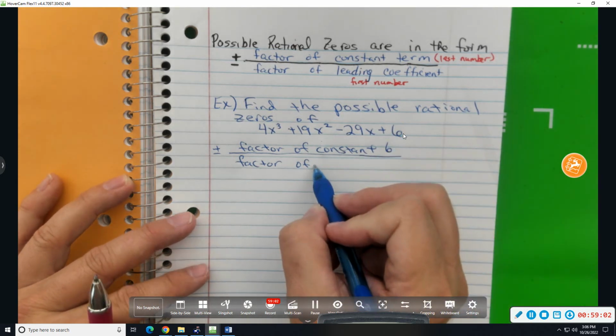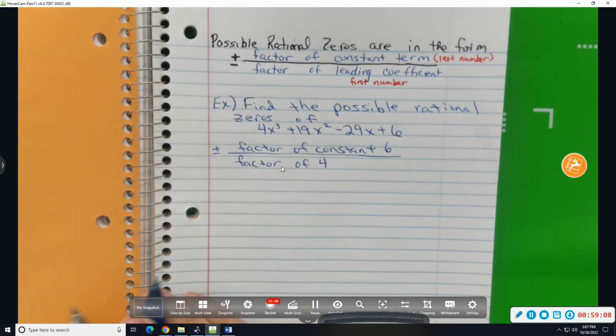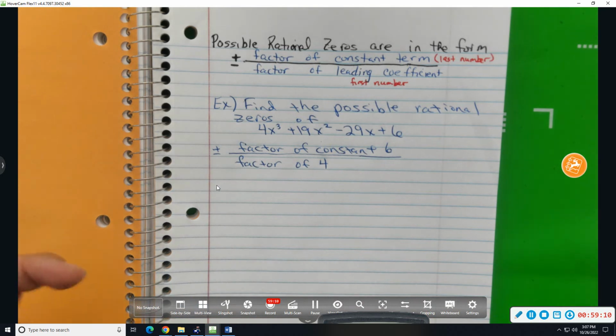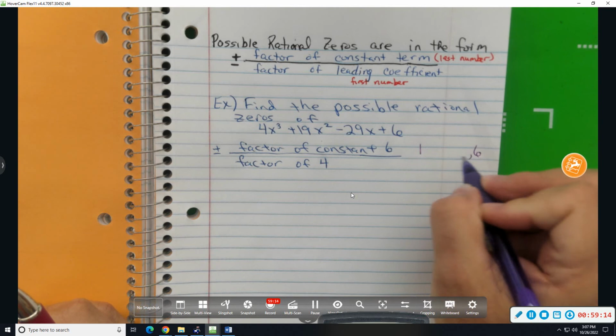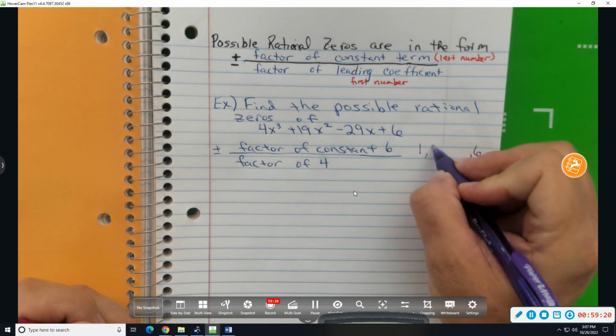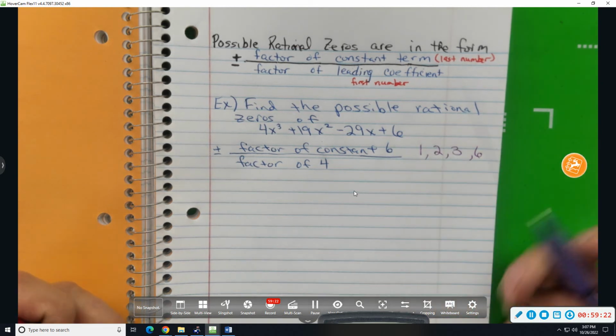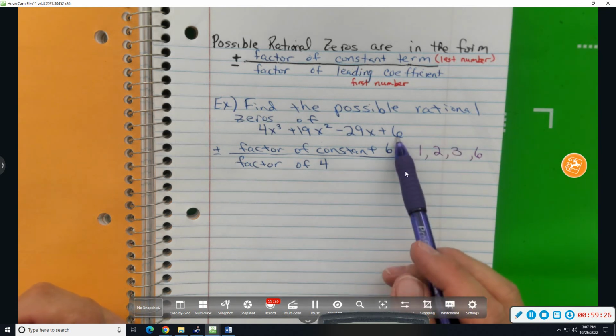What are we going to have the factors of here? 4, that first number. So let's write them out. The factors of 6: 1 times 6 and 2 times 3. You say, well, -2 times -3 gives you a positive 6.